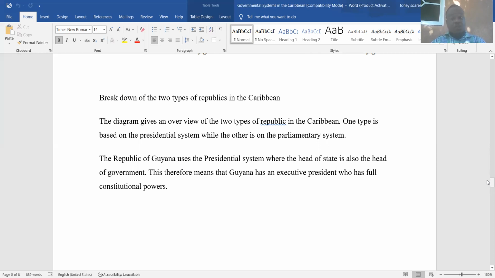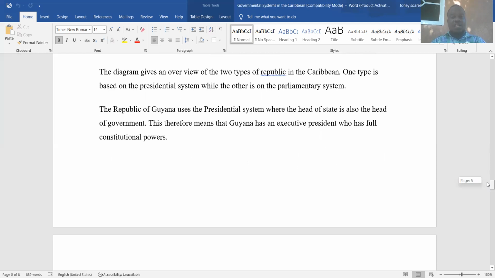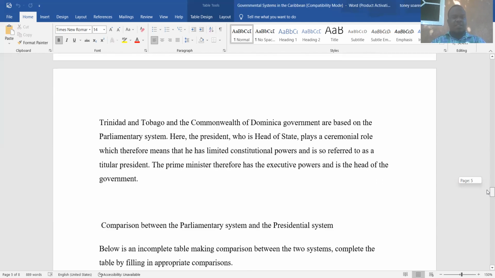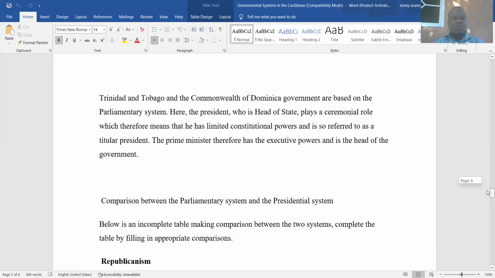Even though he has full constitutional power, this doesn't mean that he can do whatever he wants to do. There are still checks and balances in any society that is democratic. So the leader can't just go off on a tangent and do whatever he or she pleases. No. Trinidad and Tobago and the Commonwealth of Dominica are governments based on the parliamentary system.